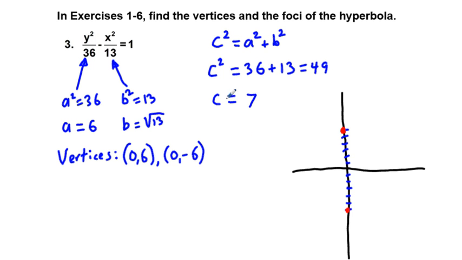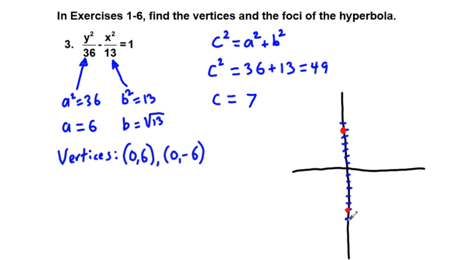Now for the foci, we have c is equal to 7, so we're talking about 7 units either direction from the origin. So we're going up one more unit above 6 to 7, and one more unit down below negative 6 to be negative 7.